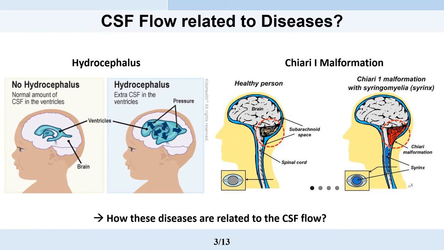So, how is CSF flow related to neurological disease? Several studies have shown that changes in CSF flow dynamics are associated with different neurological diseases. One example is a hydrocephalus child.